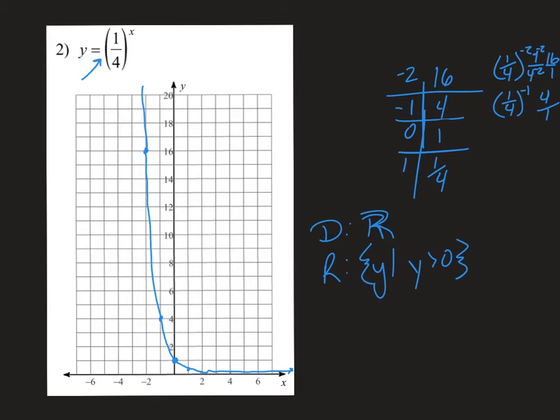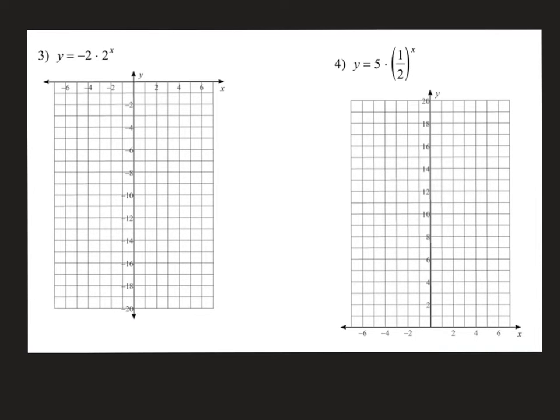All right, I'm going to put 2 questions on the slides just so we're not hitting next over and over again. And as you can see on these, I've added an a value. So this is negative 2, which means our graph is going to cross at negative 2. And while we're doing that, let's just move over to the other one. Since the a value is 5, this one is going to cross at 5.